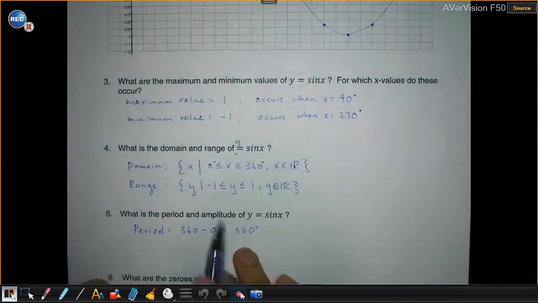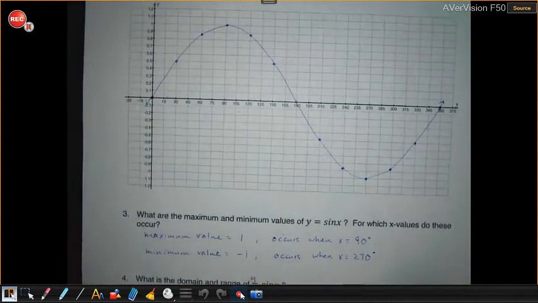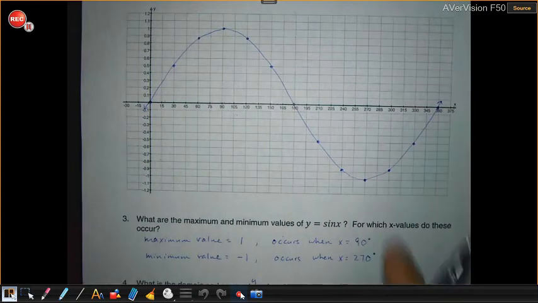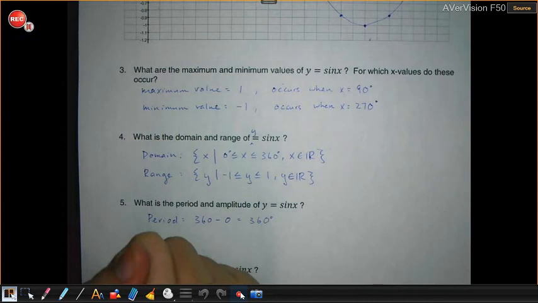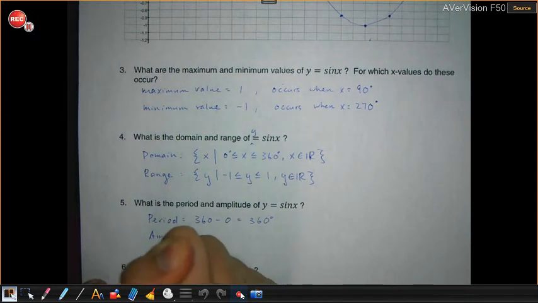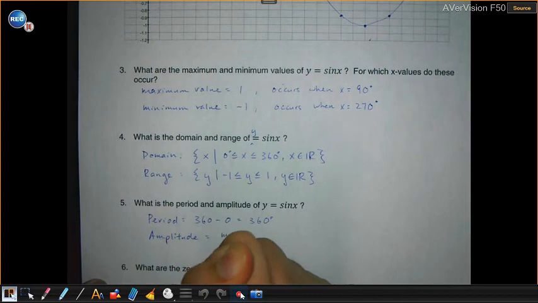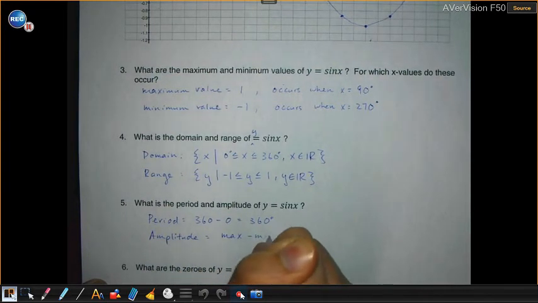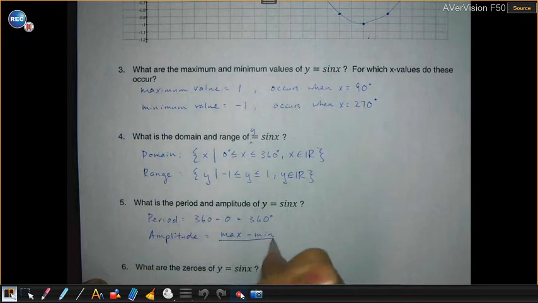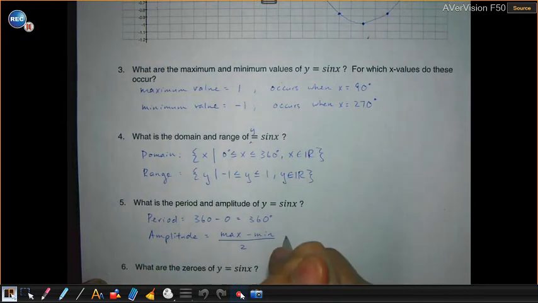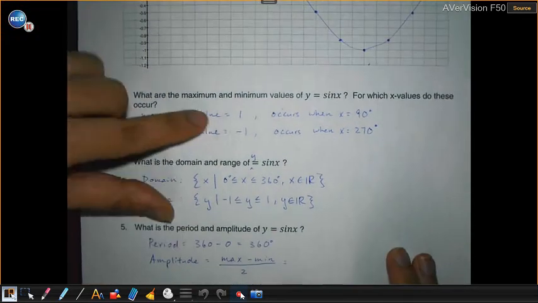The amplitude, again, is half the distance between the max and min. If we figure it out using the formula, it's max minus min, divided by 2. Max, we know it's 1.